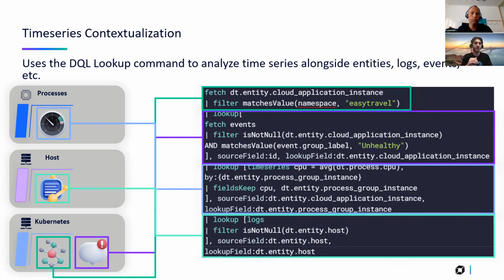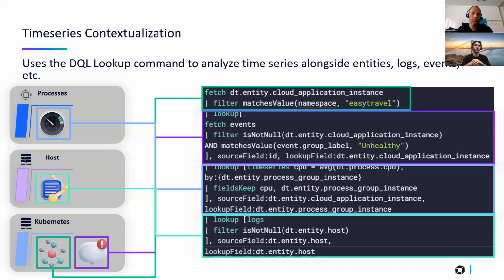And then we're also going to look at the logs on, in this case, the underlying host on that Kubernetes node. So we're able to, with a single command, have the context of the events, metrics, logs of every entity within that topology mapping of a given source, and then present you with a summarized view of the data set.